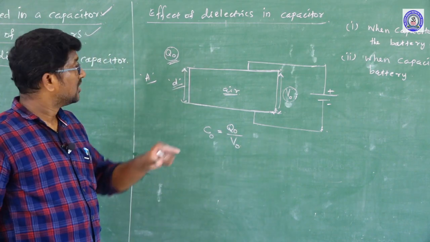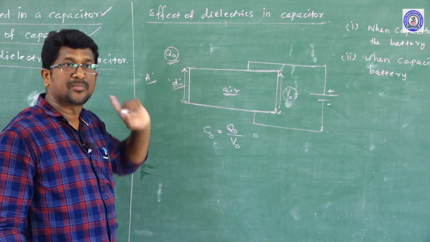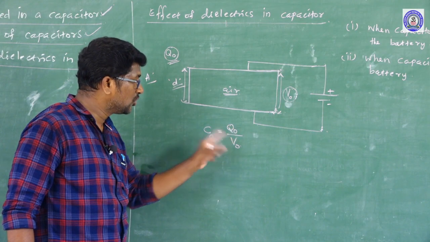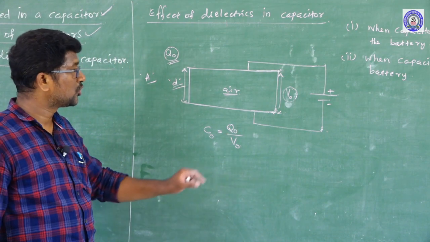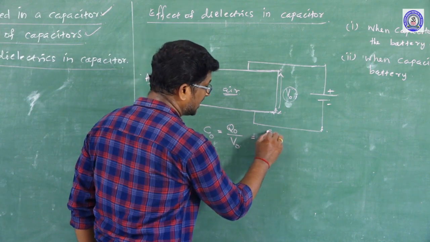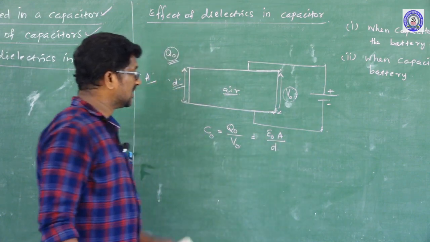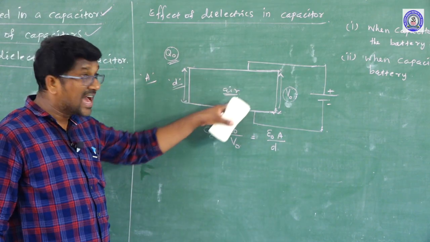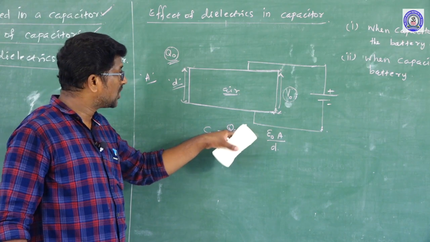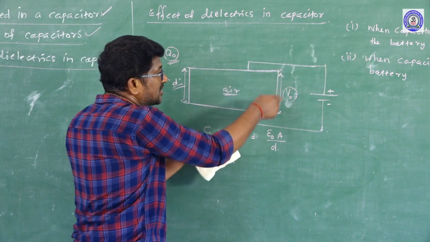So, before the dielectric material other than air is introduced between the plates of the capacitor, its capacitance is given by C naught is equal to Q naught divided by V naught. And another formula also there, that is epsilon naught A divided by D. C naught, the capacitance of the air filled capacitor, is given by Q naught divided by V naught, where Q naught is the amount of charge in the capacitor, and V naught is the potential difference between the two plates.